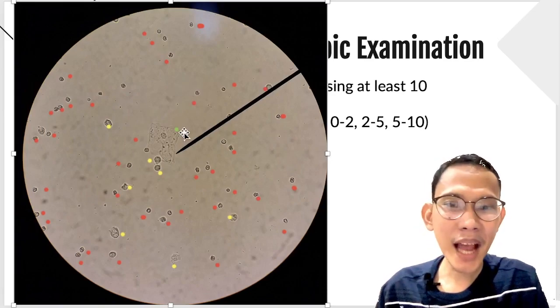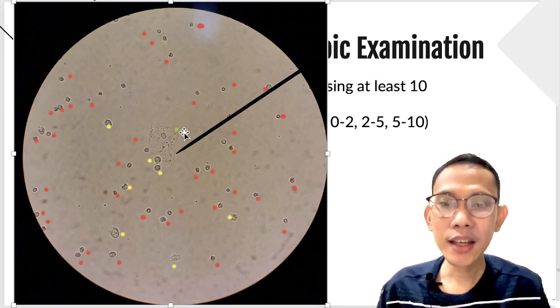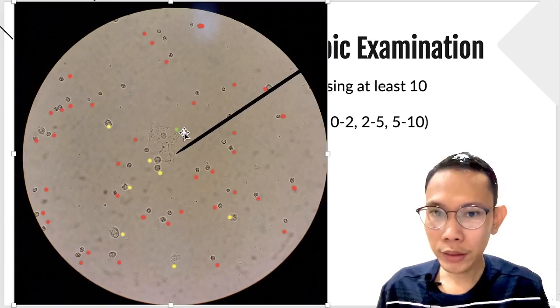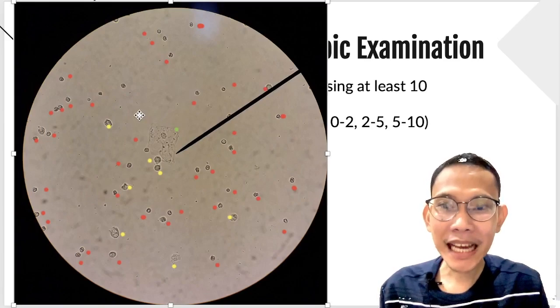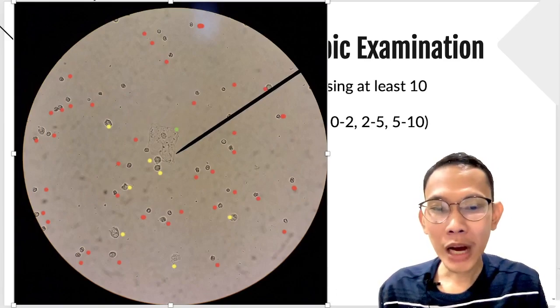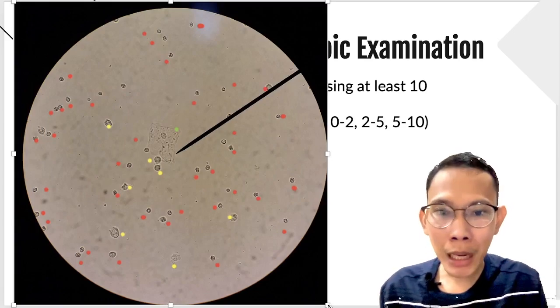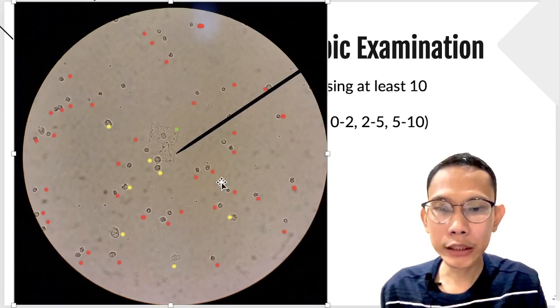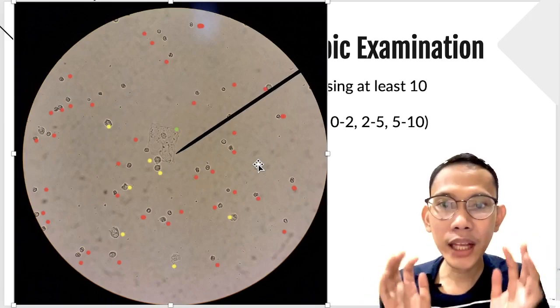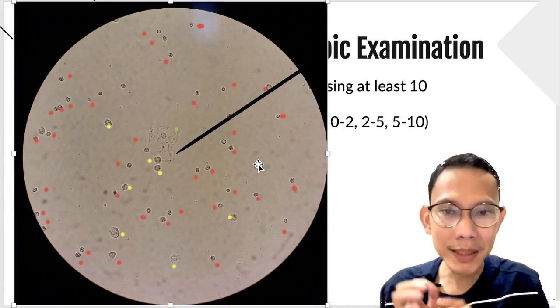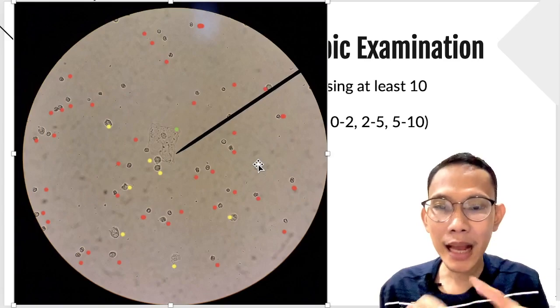Dito ba natin babasahin ang WBC at RBC? Sa low power field? Mali. Of course, hindi natin dito babasahin. Ano nga? Yung WBC and RBC dapat basahin sa high power field. Eh, naka-low power field ito. So again, you have to take note kung ano yung mga sediments na babasahin sa low power field and sa high power field.